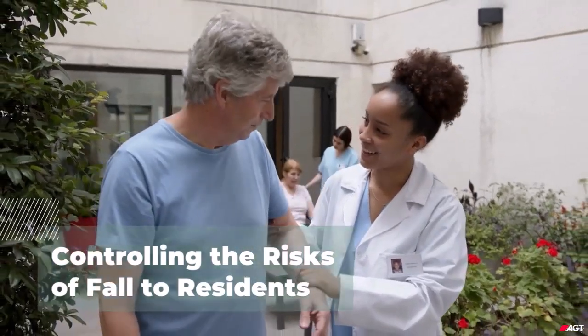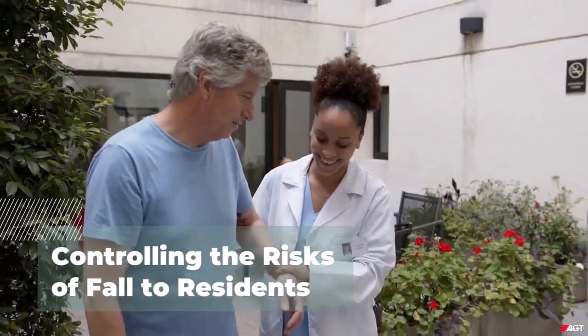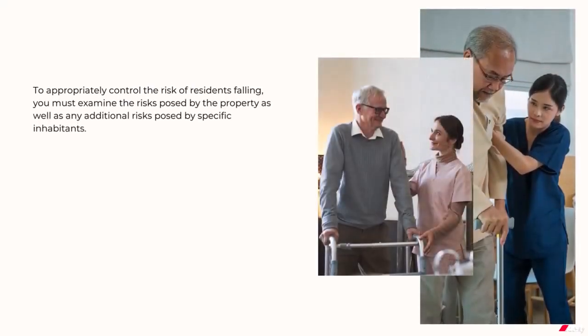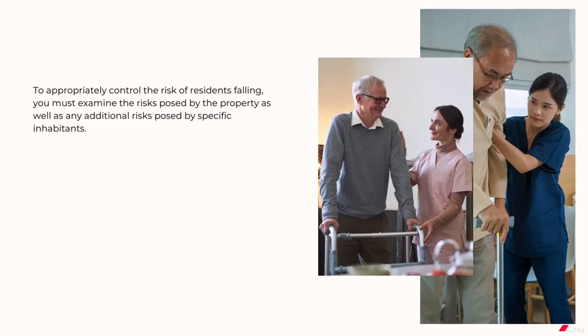Controlling the risks of falls to residents. To appropriately control the risk of residents falling, you must examine the risks posed by the property as well as any additional risks posed by specific inhabitants.